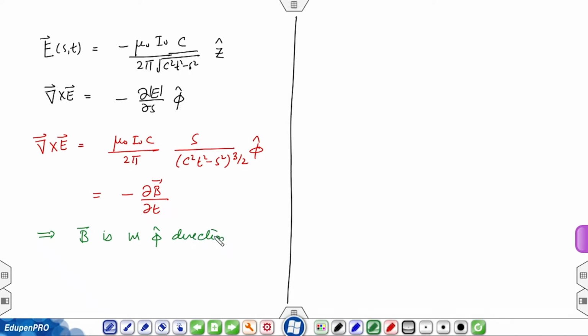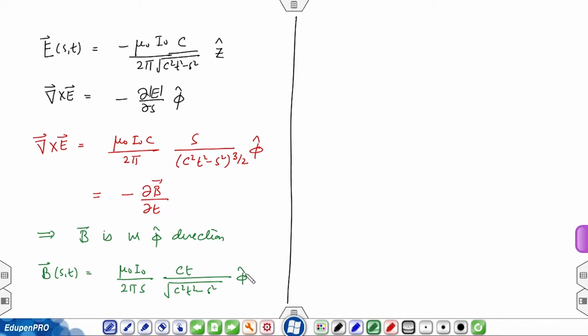You can also do the integral very easily with respect to time. You do that by substitution, and you are going to get B of s, t equals mu naught I naught over 2 pi s, c t over square root of c square t square minus s square, in the phi direction. When you do this, you are going to get a constant when you do the time integration, and that constant should be fixed in such a manner that as t goes to infinity, you recover your steady state B results.